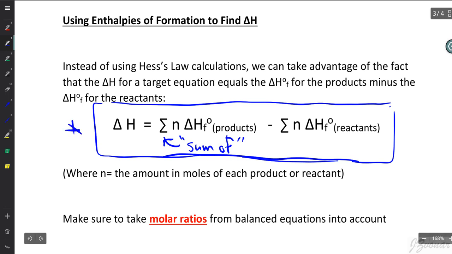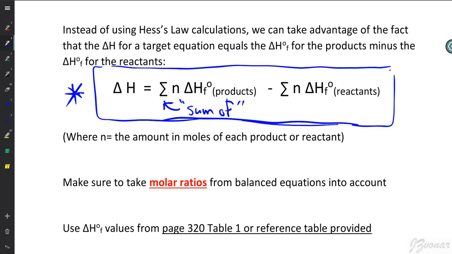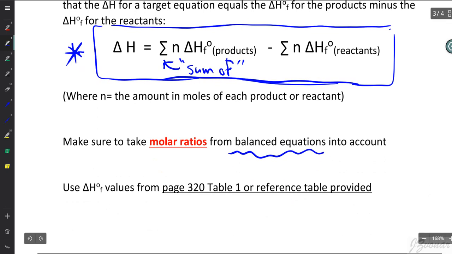So this is a formula that you need to remember. All right, so n is going to represent the number of moles within our balanced equation. All right, so making sure we're getting these mole ratios from the balanced equation that we're trying to solve for. Now in order to use this equation, you need to be able to reference a table that contains the delta H of formation values for various elements.